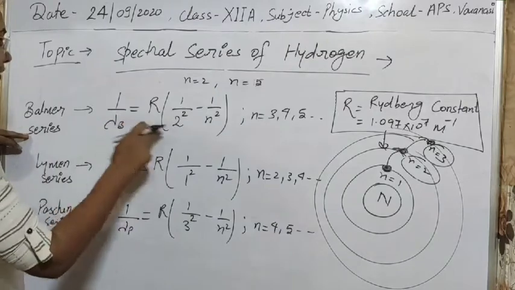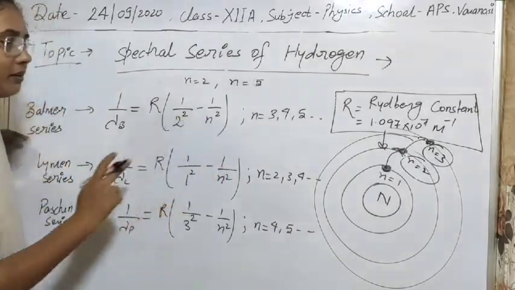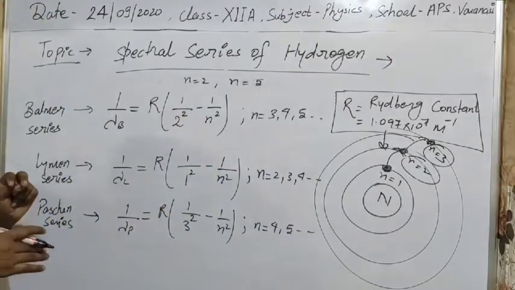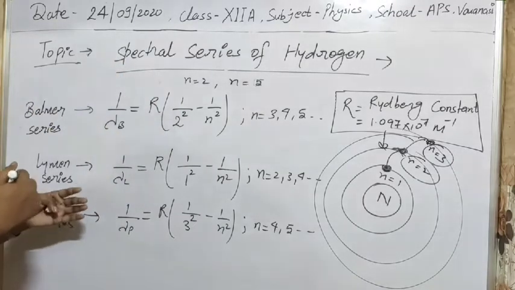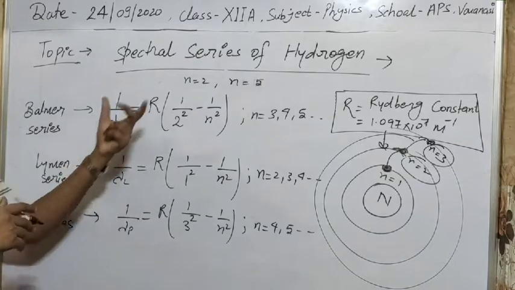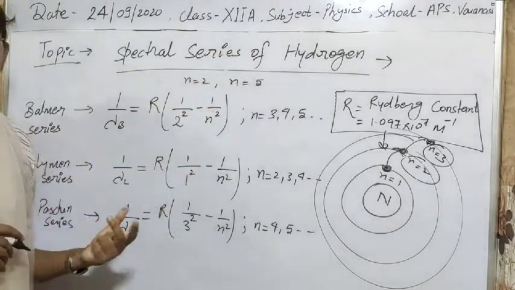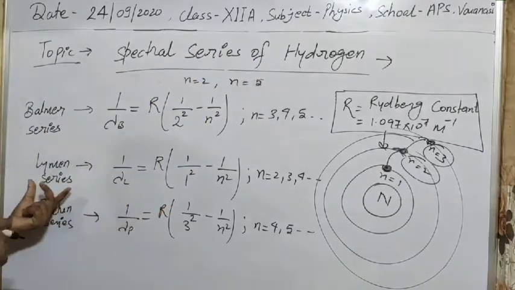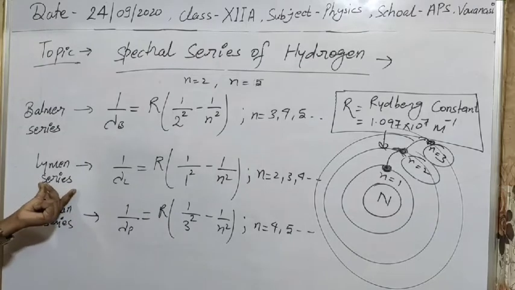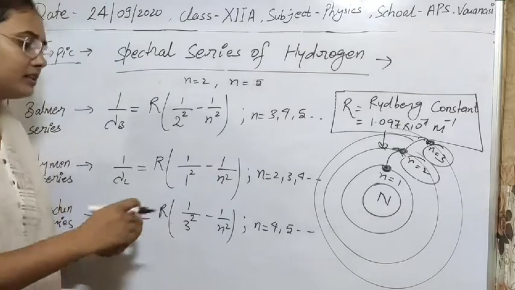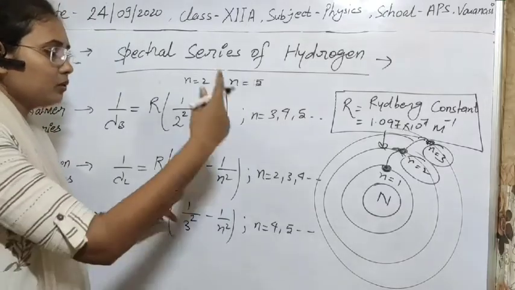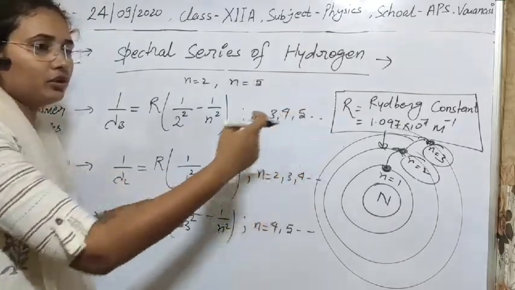So this is the Balmer series, and this is the empirical formula given by Balmer. With the help of this, later many scientists worked on the spectral series of hydrogen, and they also got some other series, like the Lyman series, for when an electron makes a transition between n equal to 1 and n equal to 2, 3, 4.